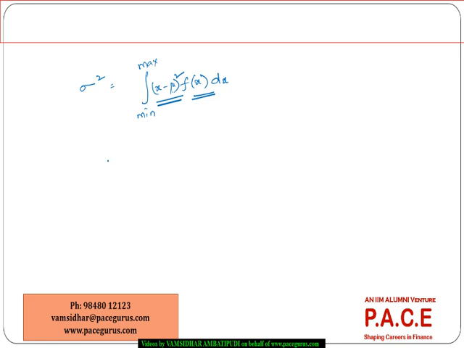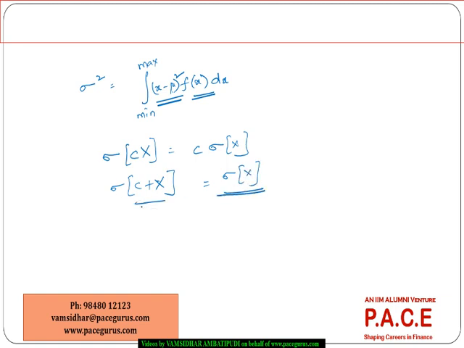Now, a few important points we really need to understand regarding the variance. The standard deviation of a constant multiplied by x is nothing but the constant times the standard deviation of x. But the standard deviation of a constant added to x will be the same as the standard deviation of x itself.